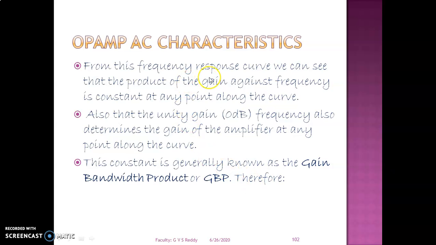From this frequency response curve, we can see that the product of the gain and the frequency is constant at any point along the curve. Also, the unity gain frequency determines the gain of the amplifier at any point along the curve. This constant is generally known as the gain bandwidth product, or simply GBP.